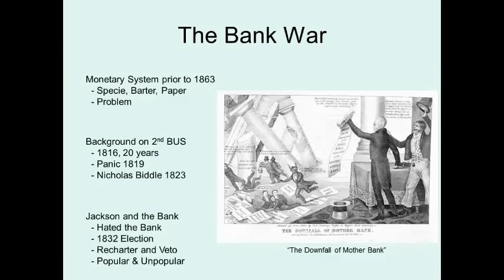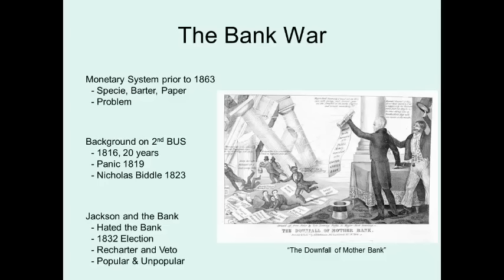So, vetoing the bank was popular with some people and very unpopular with others. The working classes, Westerners, and Southerners, the people that liked Andrew Jackson, were very happy about the bank being vetoed. But of course, this was also very unpopular with Northerners and merchants.